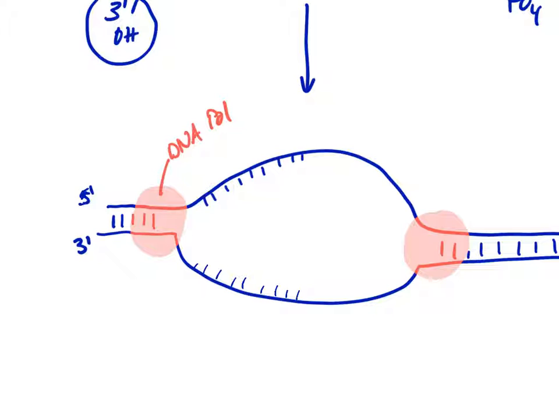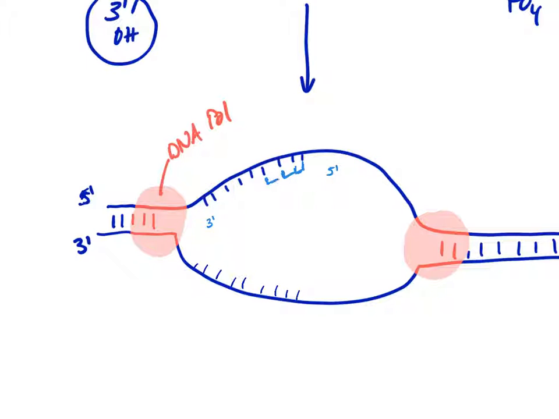Now any new strand that comes in, any new nucleotides, are going to run, in this case, 5' to 3'.